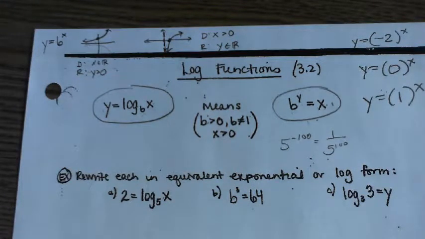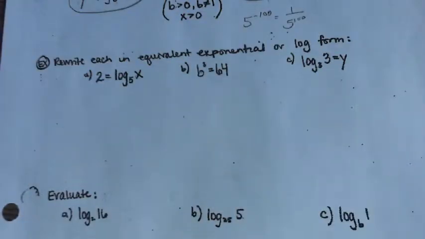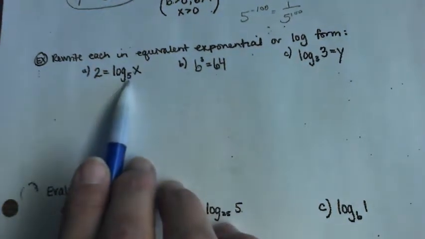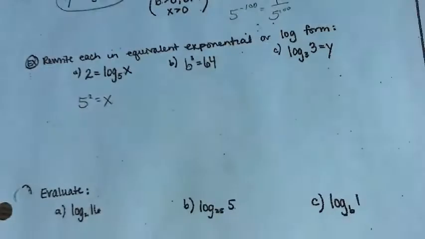Okay? So really quickly, as a review from last year, we're just changing this to, if it's currently a log, we're going to exponential. If it's currently exponential, we're going to a log. This is a log, so what would that translate to, do you think, Mitch? 5 squared equals x, correct.